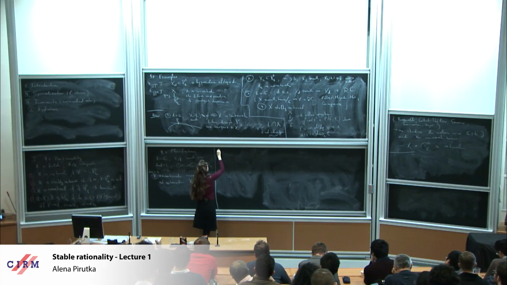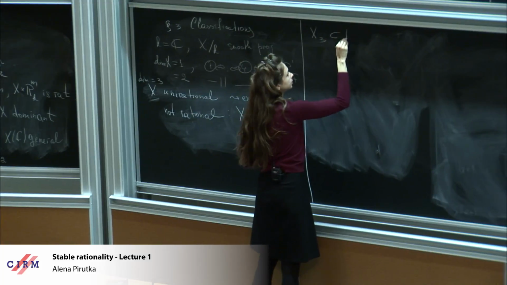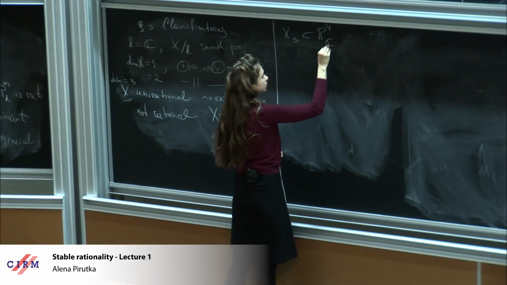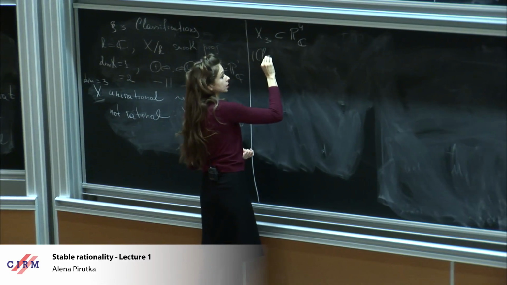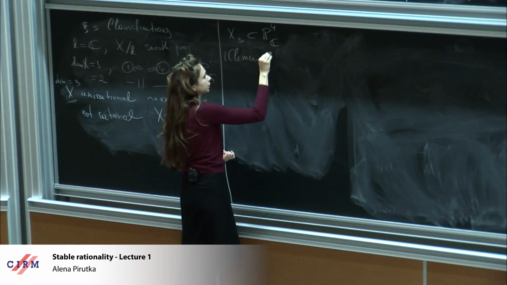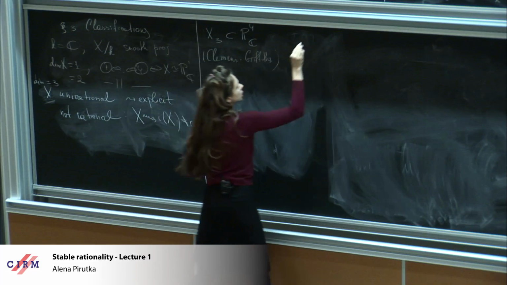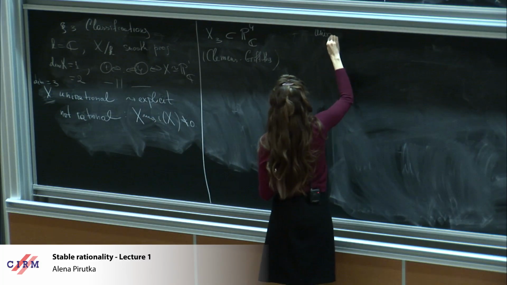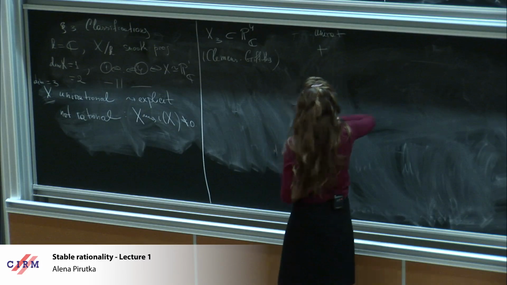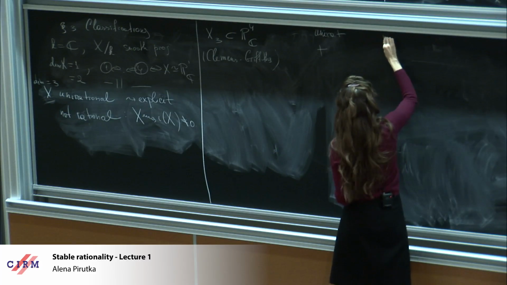Okay, so X3 in P4. This is an example of Clemens and Griffiths. I mentioned that they are all unirational. And why are they non-rational?